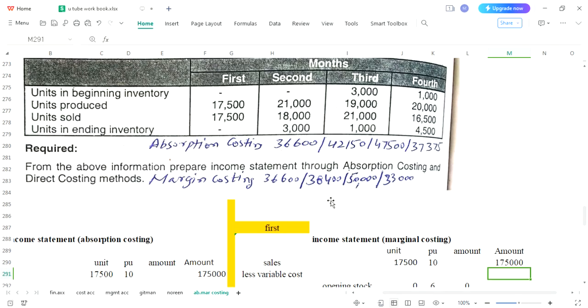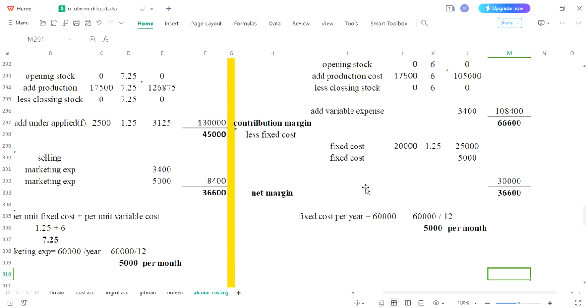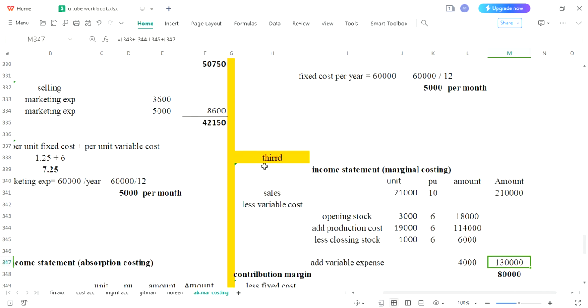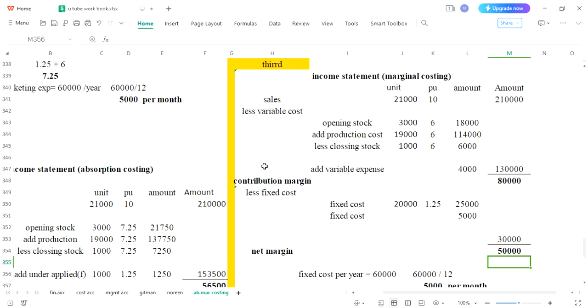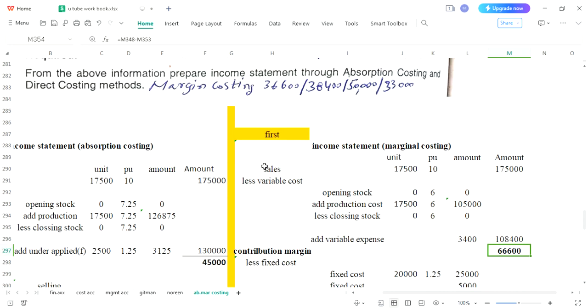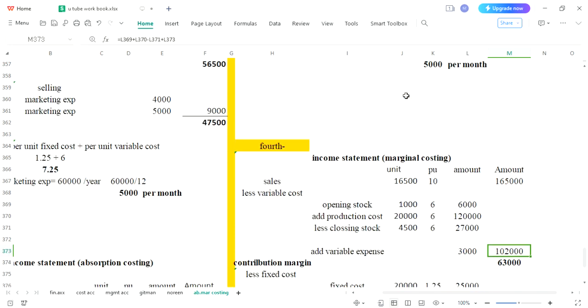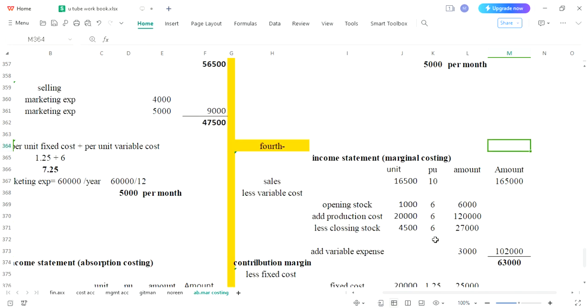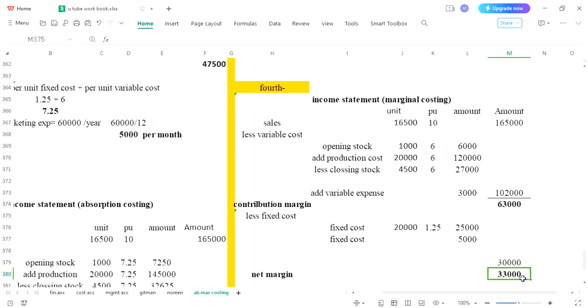It's okay. And now the third part, 50,000. This is your third part, and the answer is 50,000. And then for the fourth part you have 33,000. This is your fourth part, and your answer is 33,000.